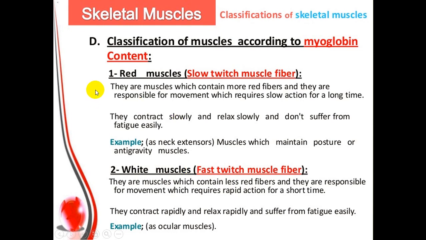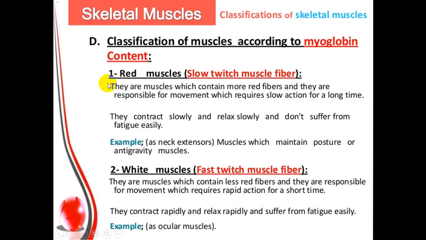The reddish category are called so because they have a high quantity of myoglobin protein, which is responsible for storage of oxygen at the muscular level, and it is similar in structure to hemoglobin protein. The amount of mitochondria is also more than in the white fibers.